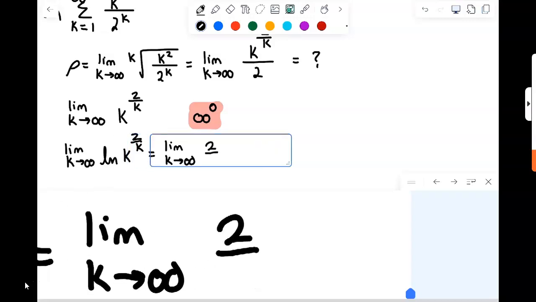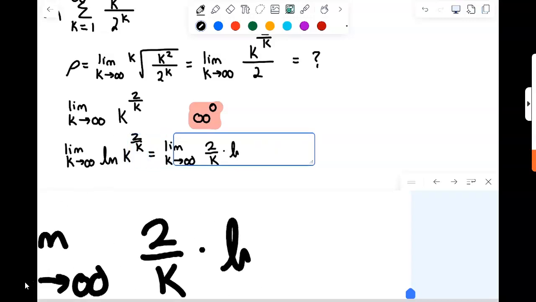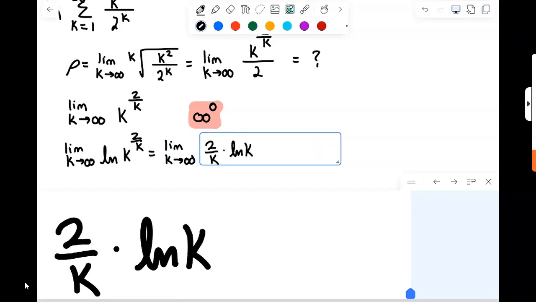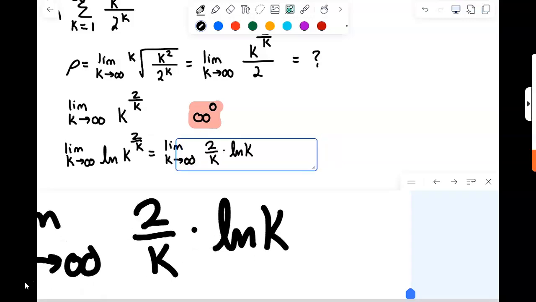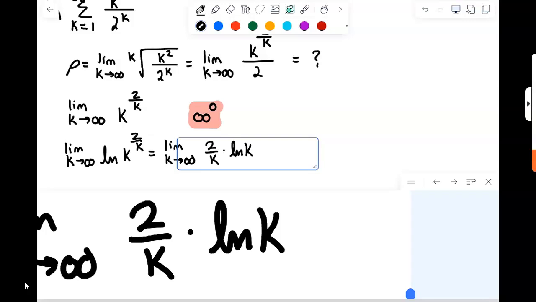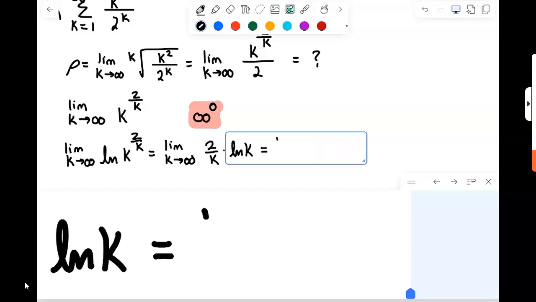We'll have 2 over k times the ln of k, which is now a 0 times infinity limit, because as k goes to infinity, 2 over k goes to 0. The approach to something like that is to take one of these things and write it over the reciprocal of the other.